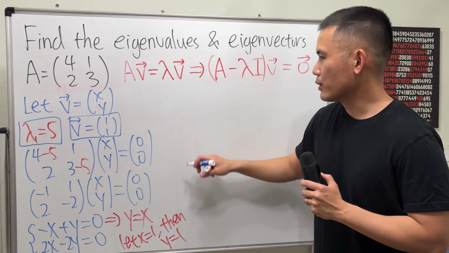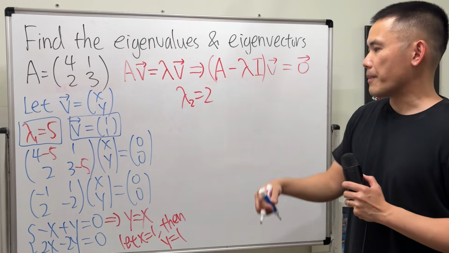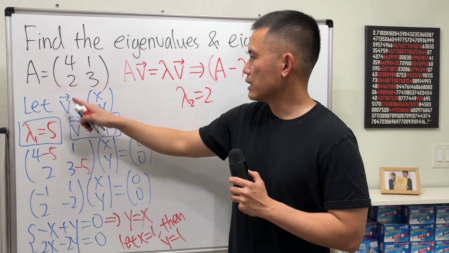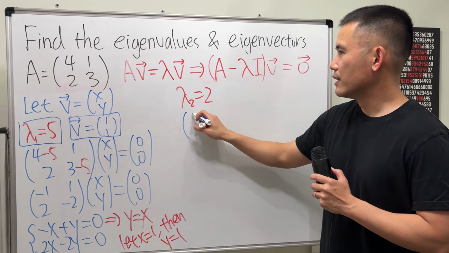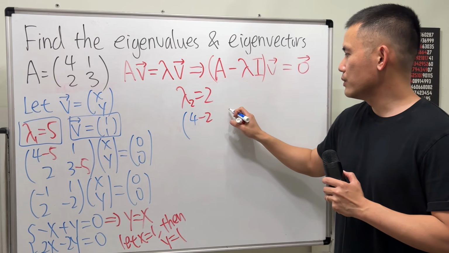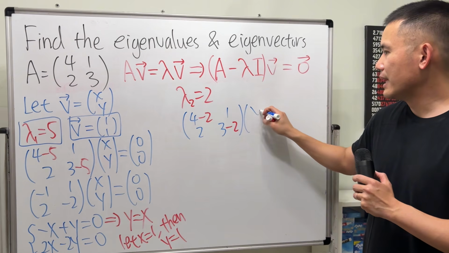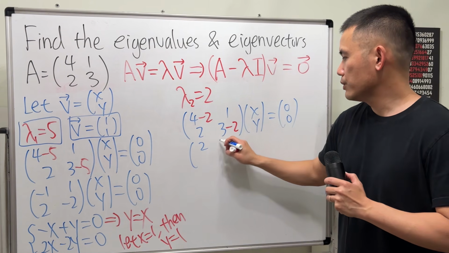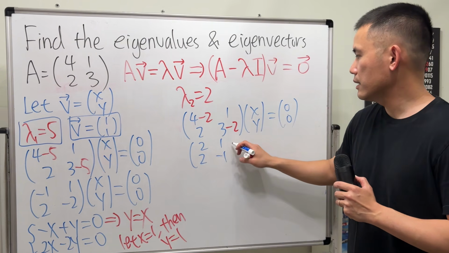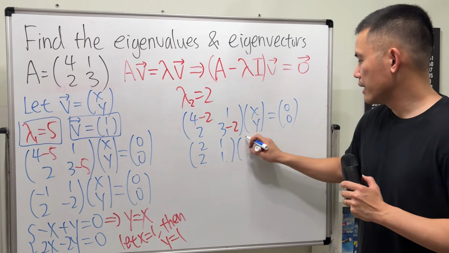Okay, and then let's do another one. When lambda 2 is equal to 2, do the same thing. So plugging 2 into the diagonal by subtracting, it's 4 minus 2, 1, 2, 3 minus 2, and then multiply by x, y. So it's 2, 1, 2, 1, and then x, y.